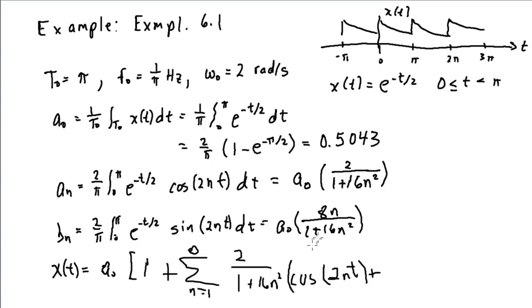I'll factor out the 1 plus 16n squared, and then that'll leave me with an additional 4n term for my sine component, 2nt.